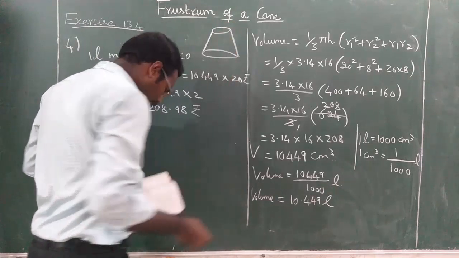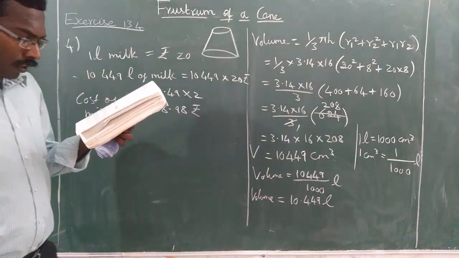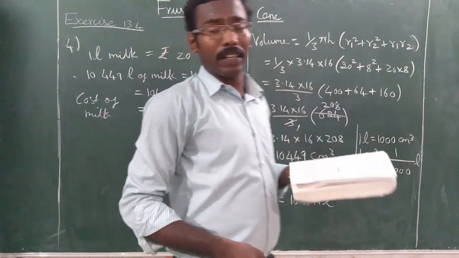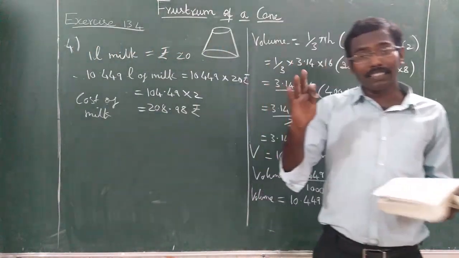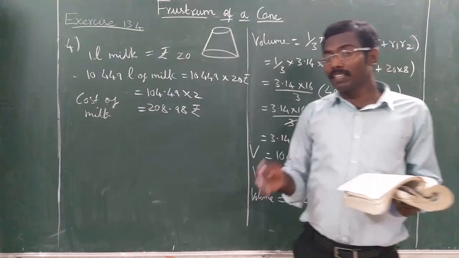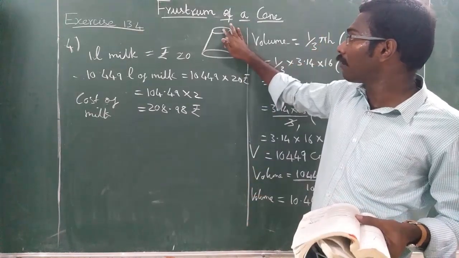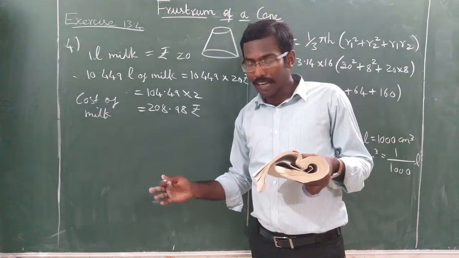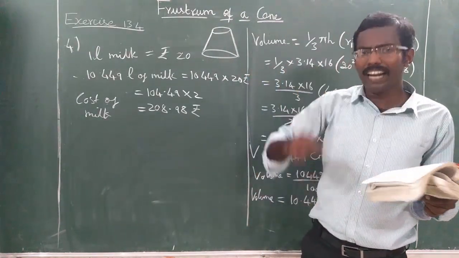Okay, so here which one is at the top? You have to read the question very carefully, because every time in the frustum what will confuse us is whether the bigger circle is at the top or the smaller circle is at the top. So read the question again carefully.